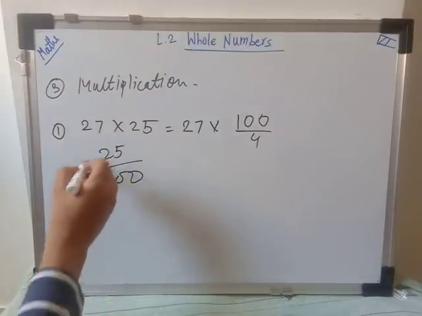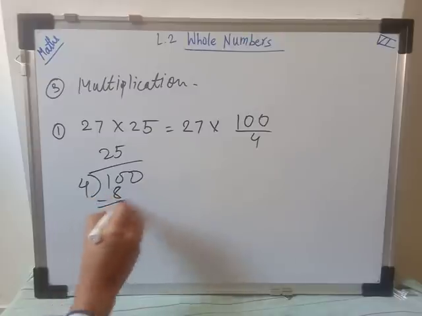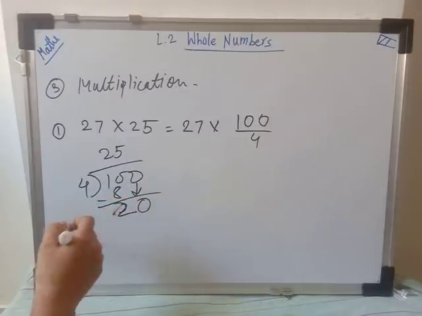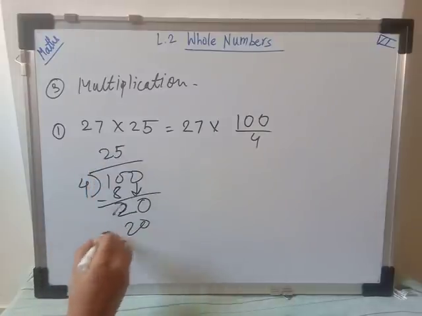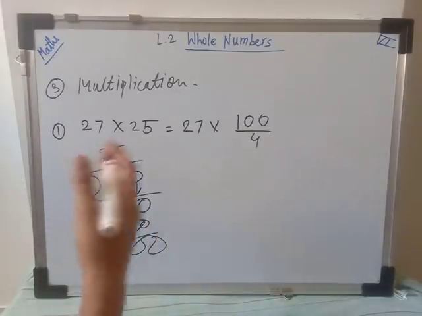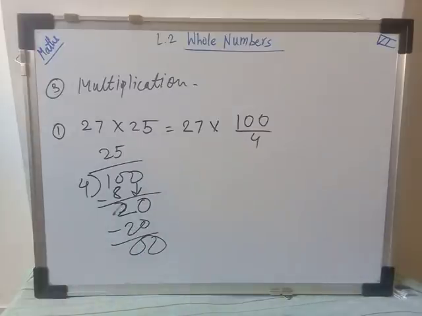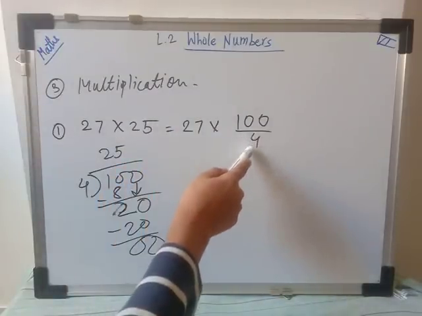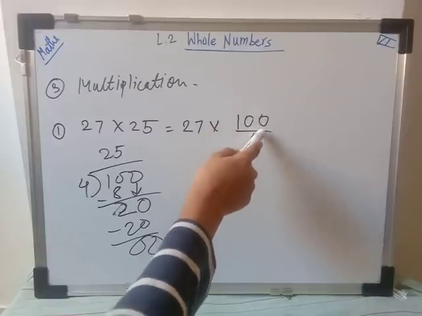Just do it. 4 2s are 8, here will come 2, 0 down, so 4 5s are 20. As I told you, we can decide in which way we have to make a pattern. So here I have taken division, so to get 25 we divide 100 by 4.